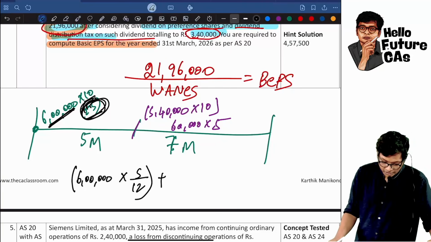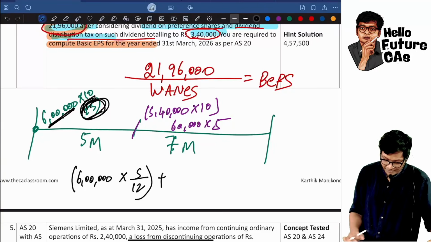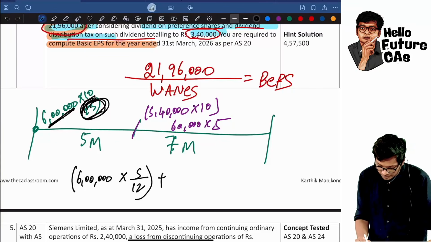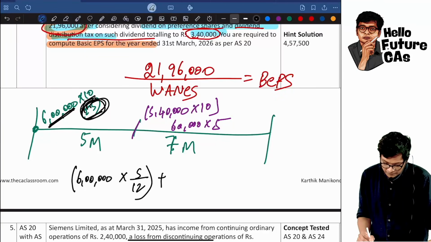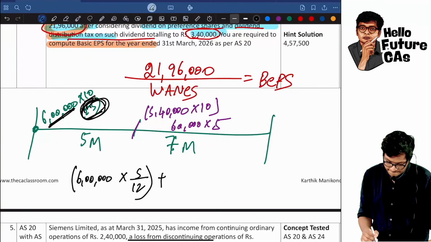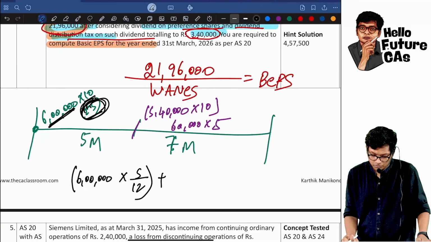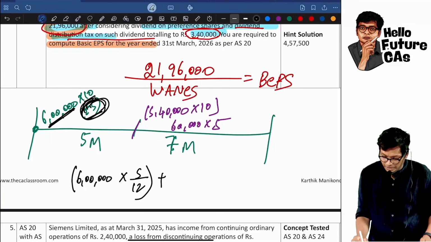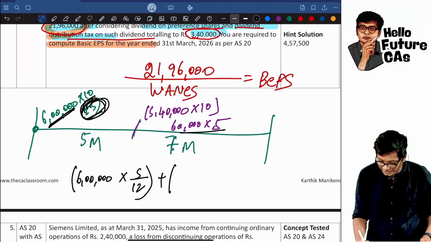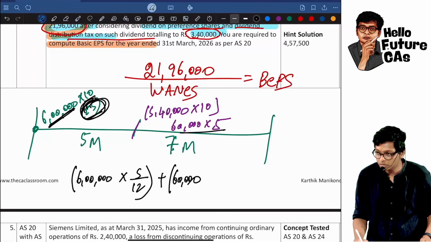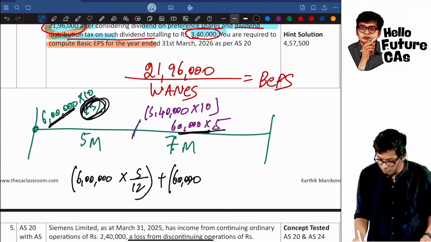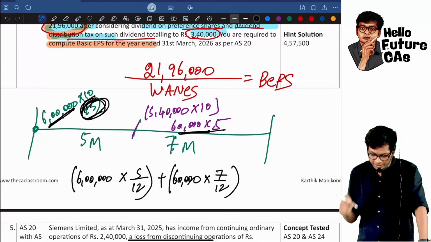Or shall we do it? Okay, we can do it. 6 lakhs into, it will waste time, and wasting time will take a hit. 5 lakh 40, yeah? And this 60 will be again 60,000, this 60 into 7 by 12, correct?